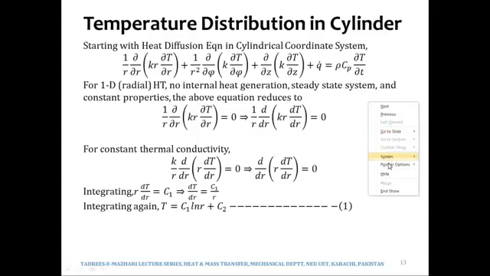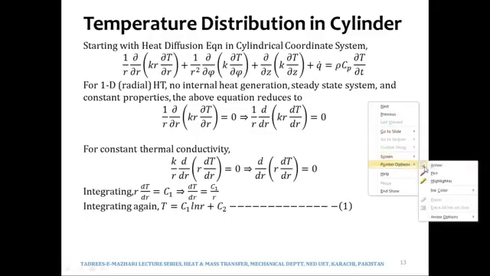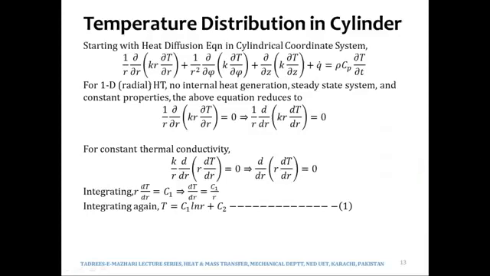So starting with the heat diffusion equation for cylindrical coordinate system, and then imposing the same four conditions, means we will say that the heat transfer is one dimensional. So over here we would be taking the radial direction heat transfer, because as explained earlier, most of the times heat comes out or goes in radially.